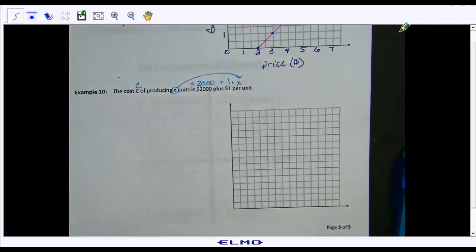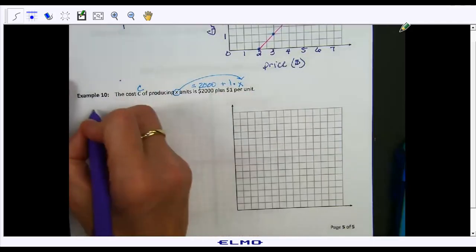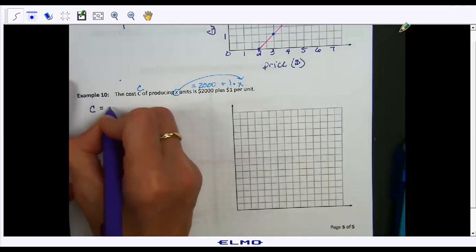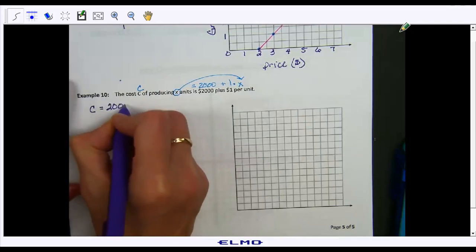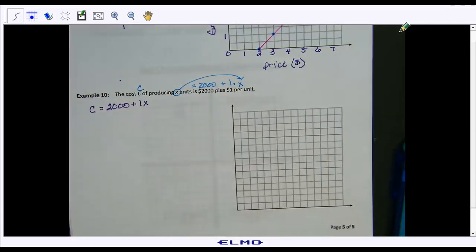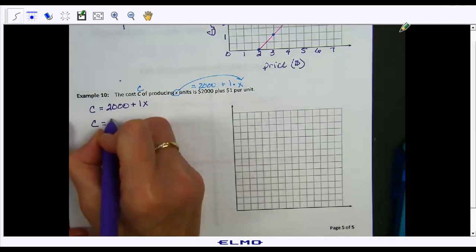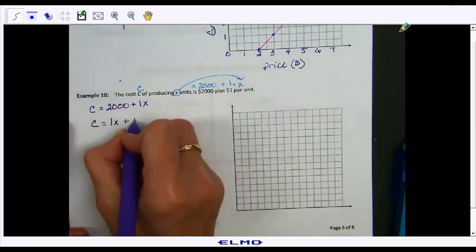So I want to write my equation in slope-intercept form, but the way that it's written here is C equals 2,000 plus 1x. Okay? But again, I like to have my equations in slope-intercept form, so I'm gonna rearrange this to be C equals 1x plus 2,000.